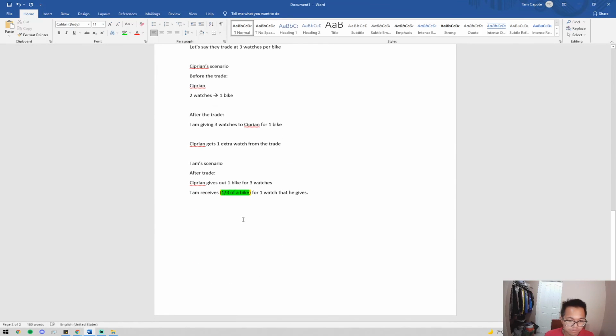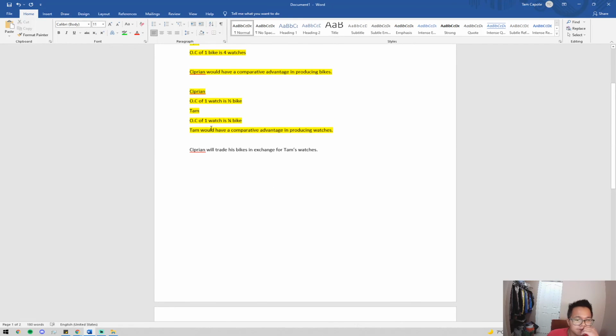But with this one, Tam could receive 1/3 of a bike, and that's better than 1/4 of a bike. Basically what this means is that for 3 watches you can get a bike. It's better than before, where for 4 watches he can get a bike.